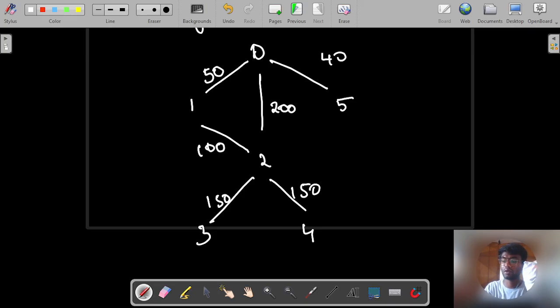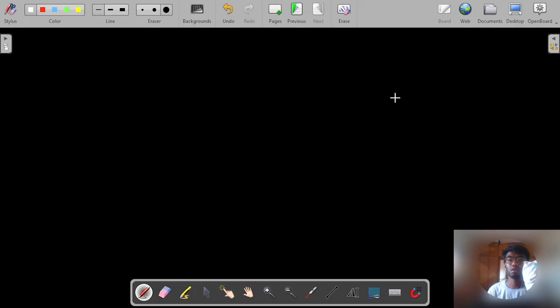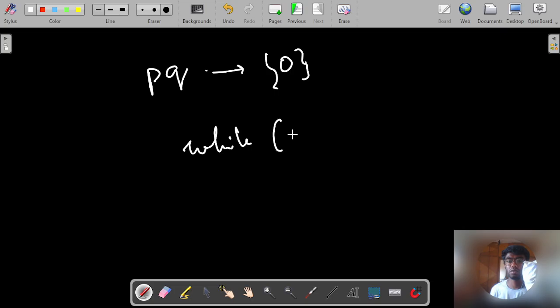In such weighted problems, we consider a similar approach to what BFS had been modified to. We would be using Dijkstra's algorithm, which is slightly similar to BFS, but we would start using a priority queue, which starts out, let's say, at a source node 0, and we would have a while loop until the queue is not empty.